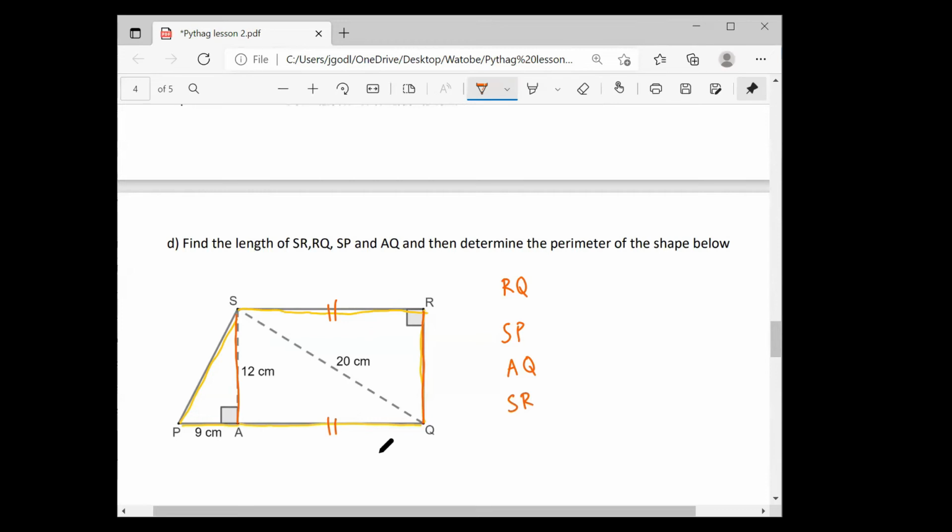Do we have a full answer coming in yet? Not yet. Close. Just remember that the dotted line is not part of our perimeter.